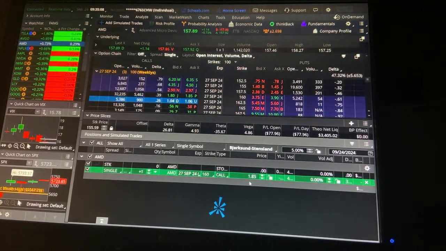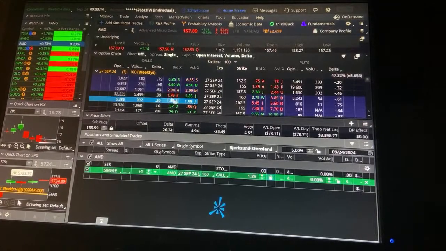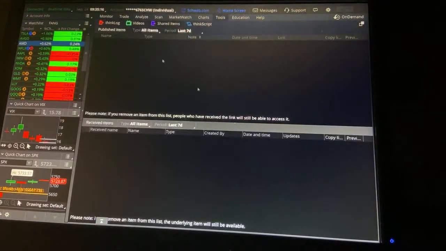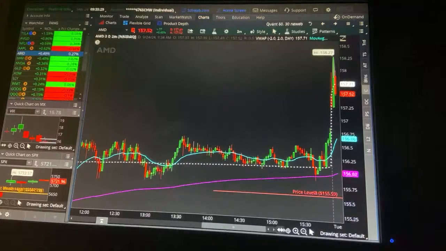Let's see what I get filled at here. I got filled at 1.85 for the 160 strike. Come on, take a swim. Here we are.